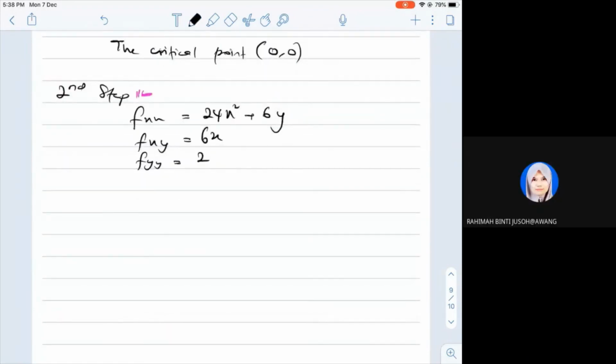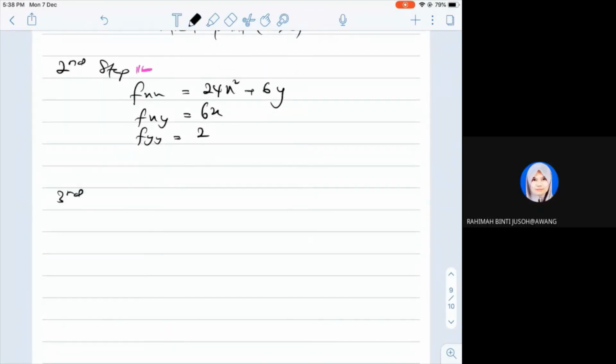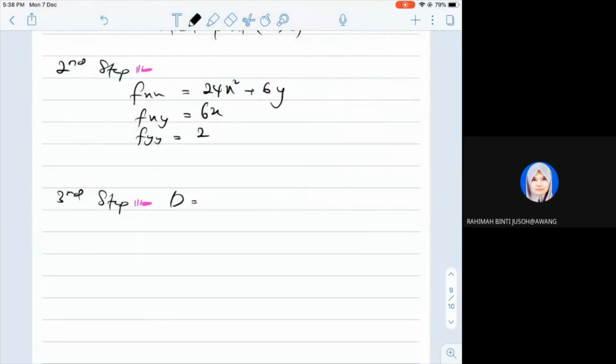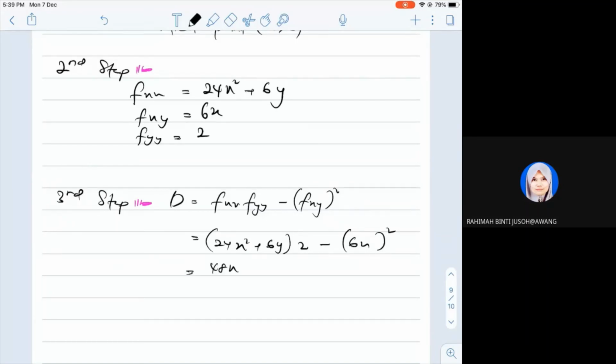Okay, so now find your D, third step. Third step is calculating your D. So D equals to fxx darab fyy minus fxy squared. So we will have 24x squared plus 6y multiplied by 2 minus 6x squared. So you akan dapat 24 times 2 is 48x squared plus 12y minus 36x squared.